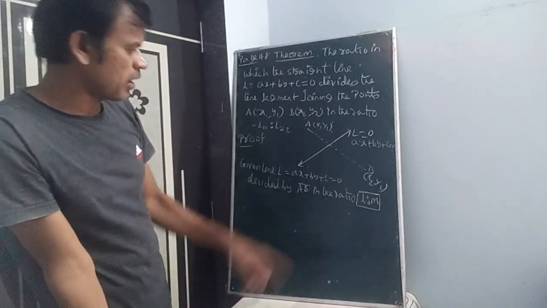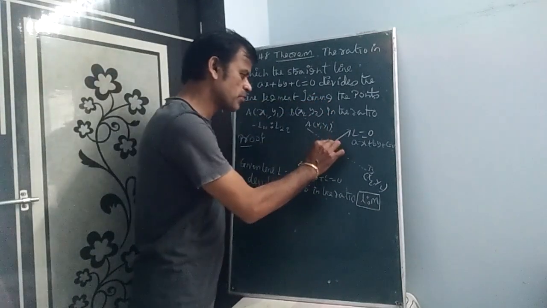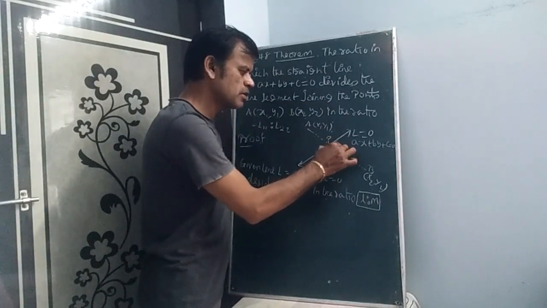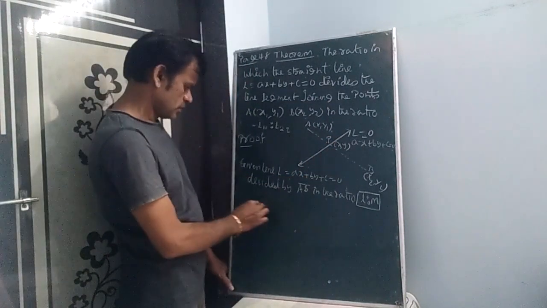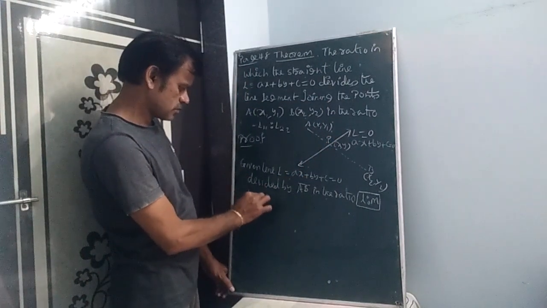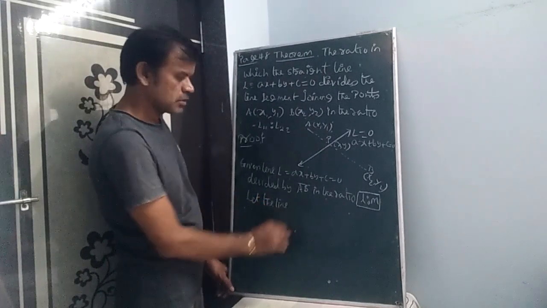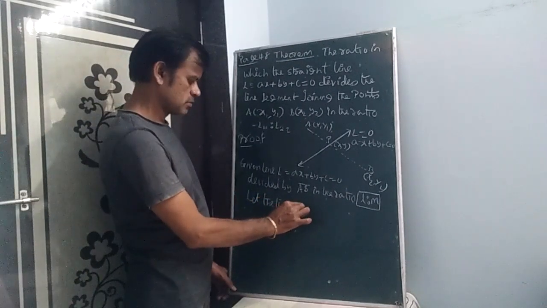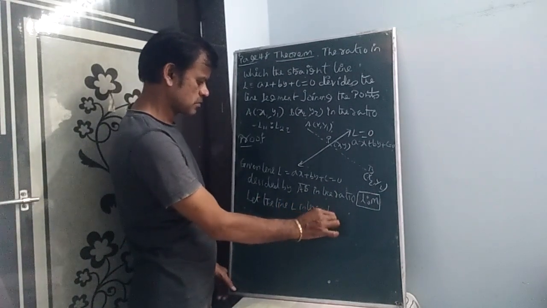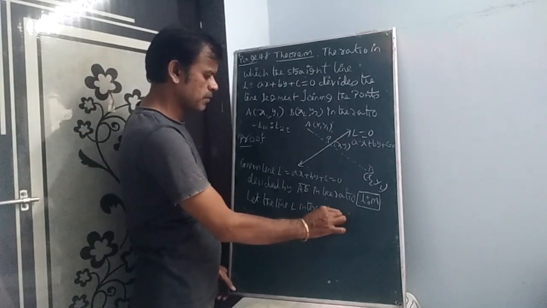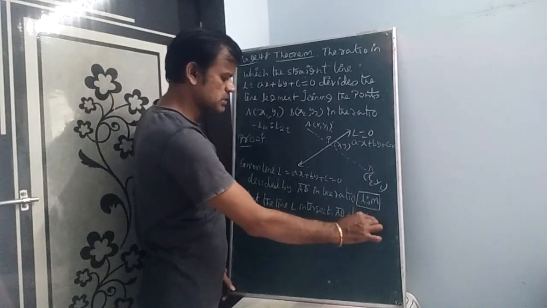Using the section formula, if the two lines intersect at a point P, put here a point P, let it be the point (x, y).